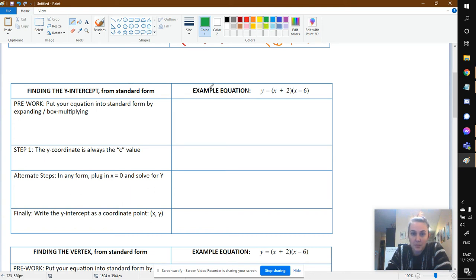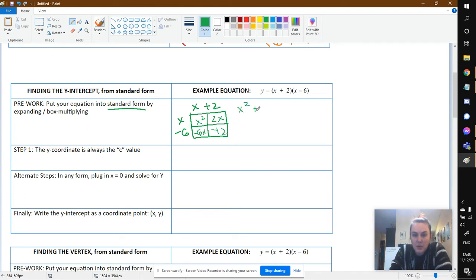The first step, the pre-work, is to put it in the form we want. And we want standard form when we're finding the y-intercept. Here we've got some work to do. I'm going to use the box multiplication. It seems to be a favorite. I'm going to go x plus 2, x minus 6. X times x is x squared, 2 times x is 2x, x times negative 6 is minus 6x, and 2 times negative 6 is negative 12.